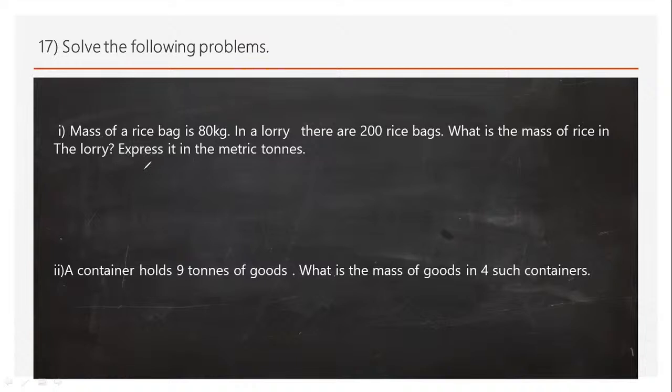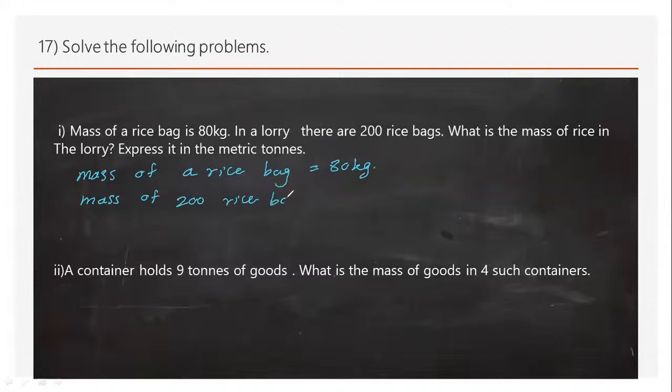Mass of a rice bag times 200 rice bags. I already explained how to multiply by multiples of 10.